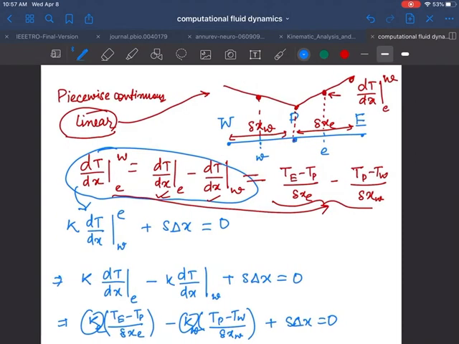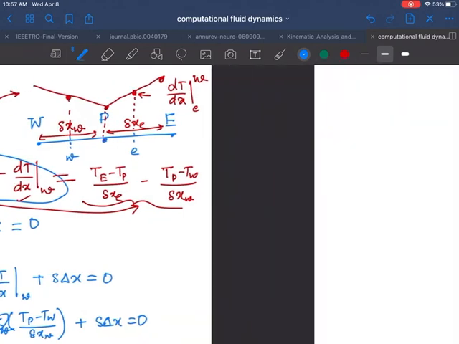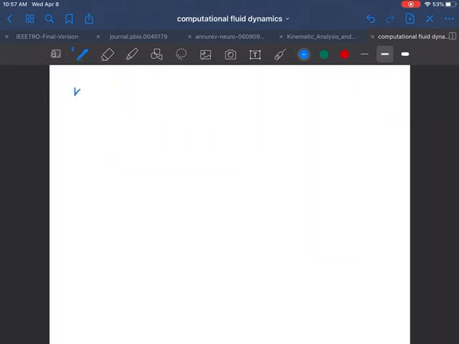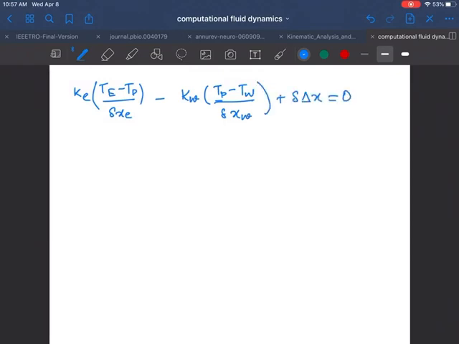Let's suppose my thermal conductivity is also changing with the domain length, so I can write Ke times TE minus TP divided by delta XE minus Kw times TP minus TW divided by delta XW plus S delta x is equal to 0.